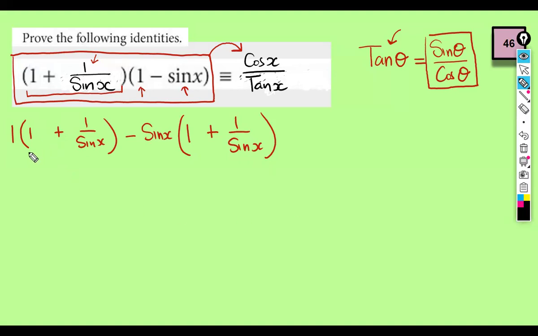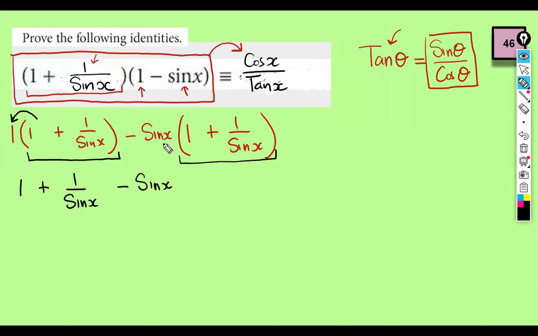So this bracket is easy. Anybody multiplied by 1 is itself, so we end up with 1 plus 1 on sine x. Then everyone is going to get multiplied by minus sine x. Minus sine x by 1 is minus sine x. And then minus sine x by the top, 1, is minus sine x, and then we divide it by sine x.